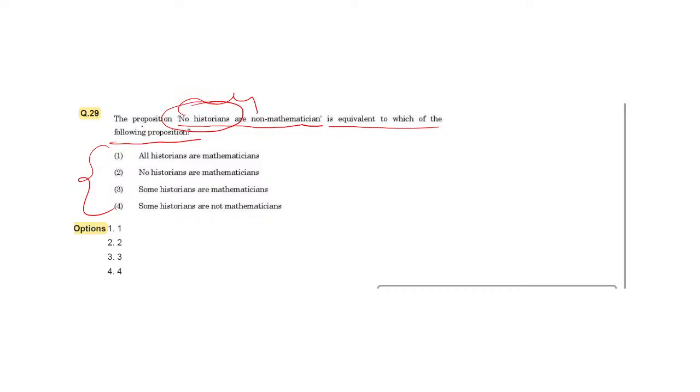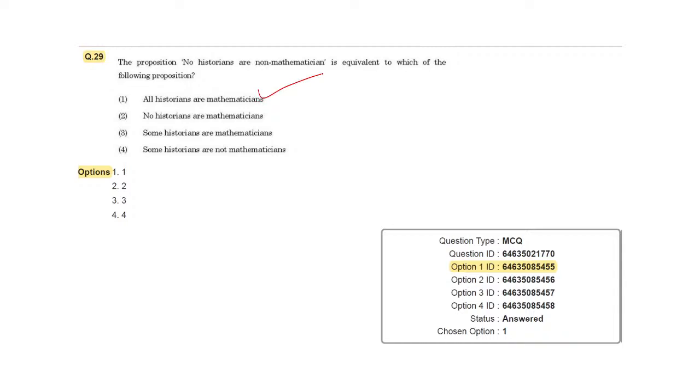All historians are mathematicians, or no historians are mathematicians, some historians are mathematicians, some historians are not mathematicians. Which is the right answer here? No historians are non-mathematicians means all historians are mathematicians. No, no will be cancelled. Yes, all historians are mathematicians.